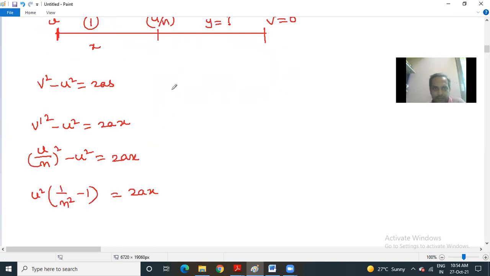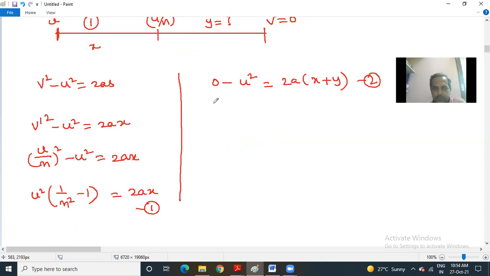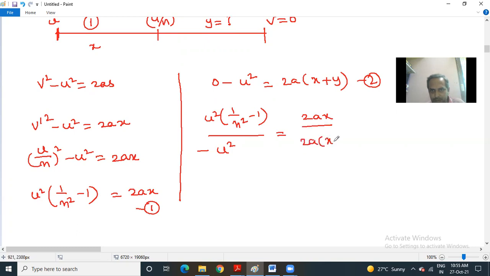Next, apply the equation of motion for the distance x plus y. Consider the final velocity 0, initial velocity u, so 0 minus u square is equal to 2a times the total distance traveled, x plus y. You call this equation 2, and the earlier one equation 1. Now divide 1 by 2. u square times (1 by n square minus 1) divided by minus u square is equal to, in the first equation 2ax, in the second equation 2a times (x plus y).